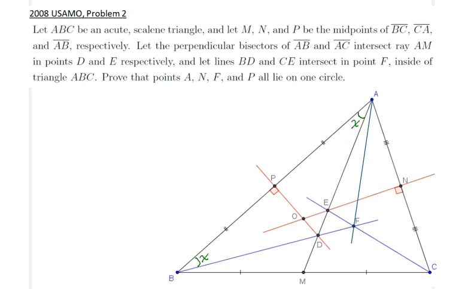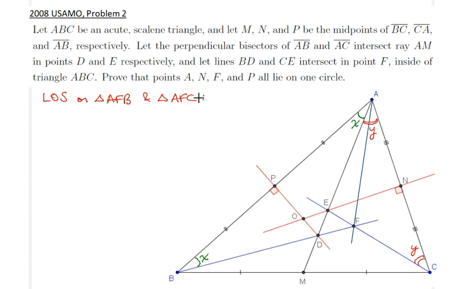In a similar way, using the red color, I know this whole angle is Y, and this whole angle is Y again by isosceles triangle AEC. So as I said in the previous page, I will apply the law of sines on this pair of triangles, AFB and AFC.